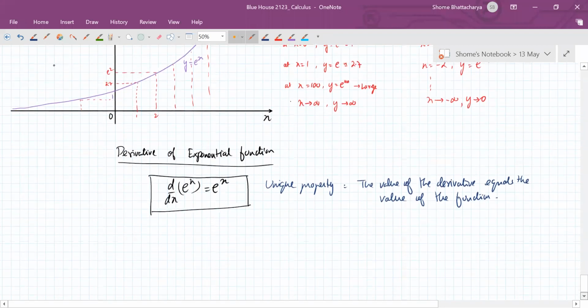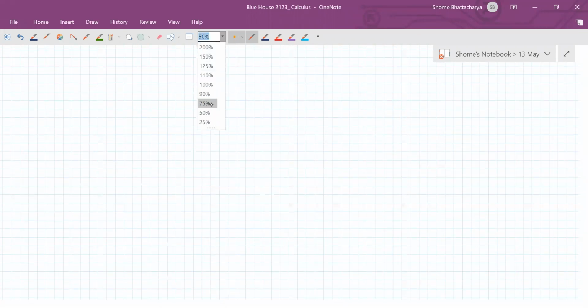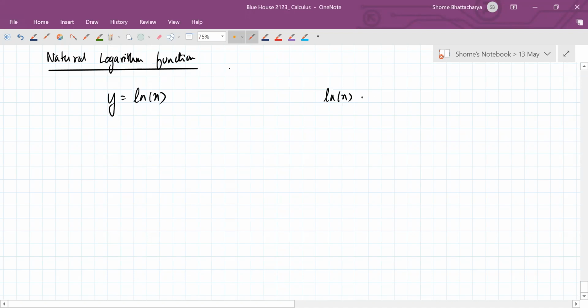And finally, the last of the functions that we'll be studying is the natural log function. The symbol we use for natural log is ln. So the term ln stands for natural log of x.